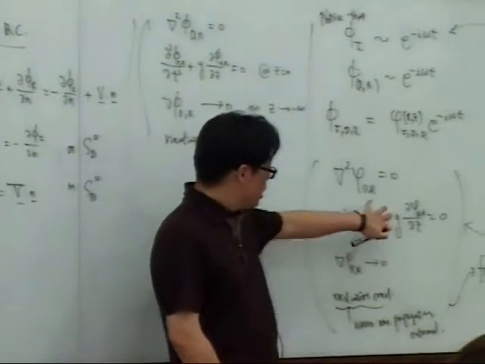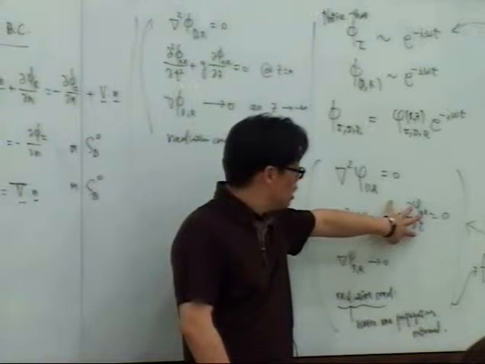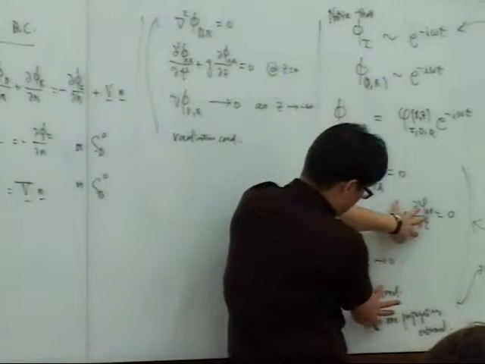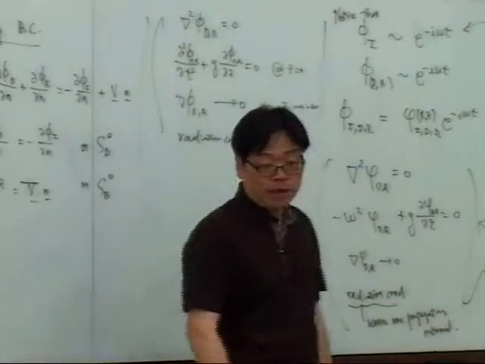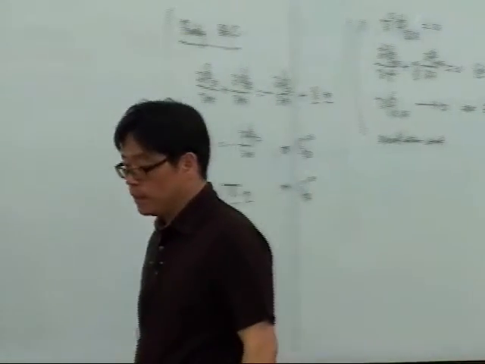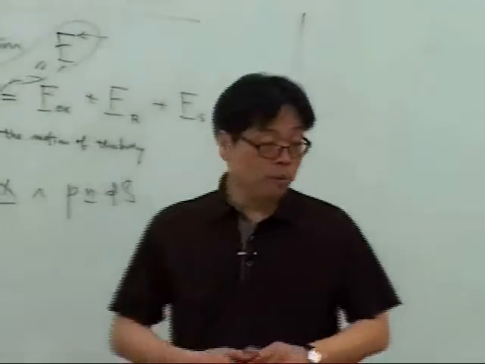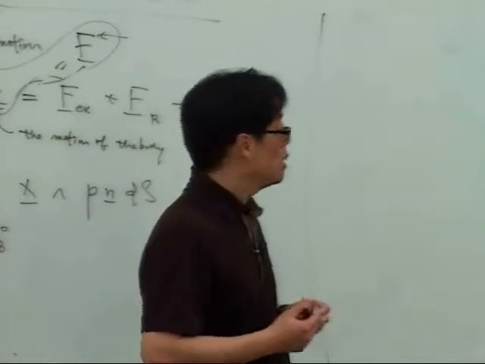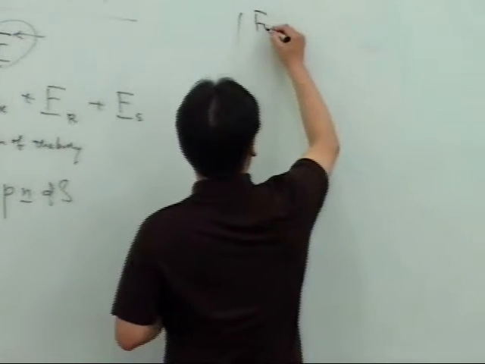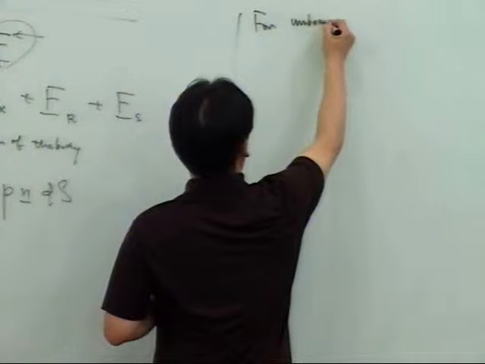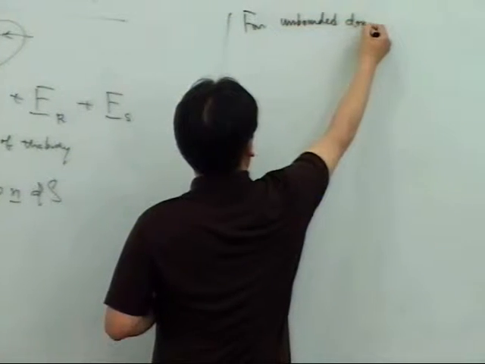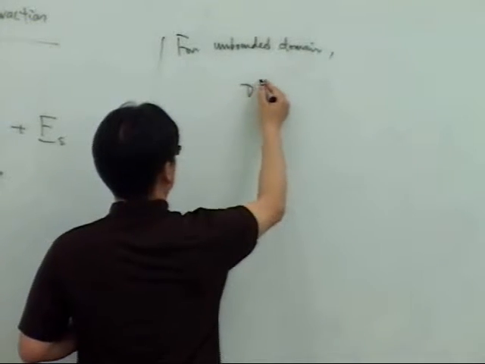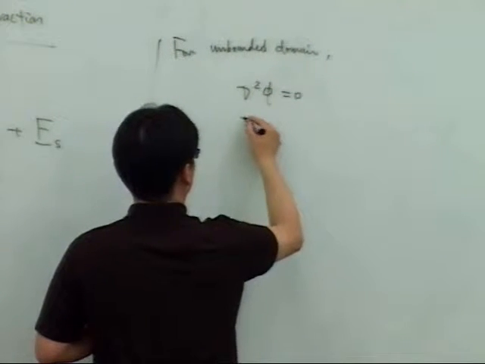Okay. So now, except this part, this problem is very similar to the problem that you solve in an unbounded domain, okay, using the panel method. So for an unbounded domain, you solve something like this, right?